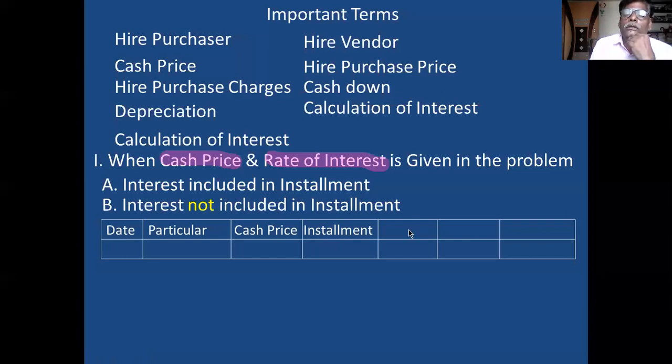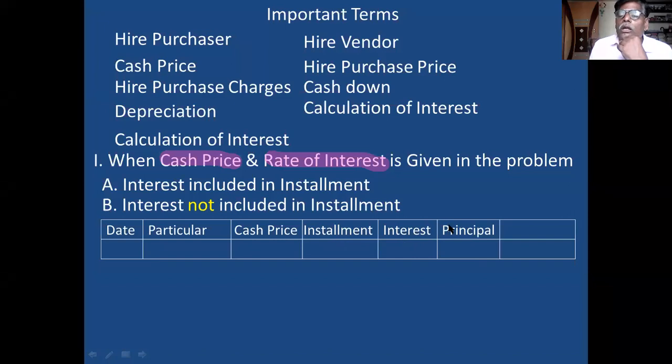And the next column is the interest column. Interest on each installment, you record in the interest column. Then next is the principal column. Principal column means the principal in the installment, which you have to record in this column.